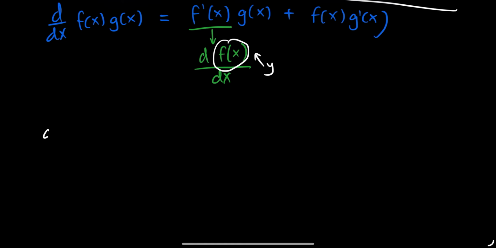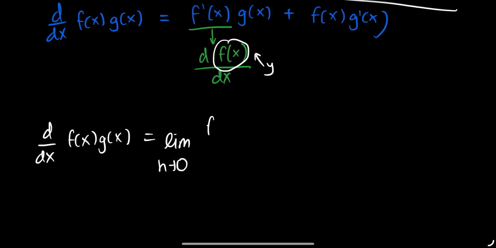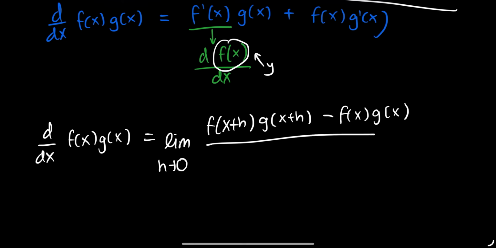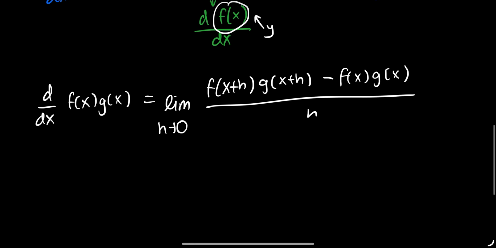So now let's do it. d over dx of f(x) g(x) is the same thing as the limit of h approaching 0 of f(x plus h) g(x plus h) minus f(x) g(x) over h. So what I'm going to do is pretty smart.